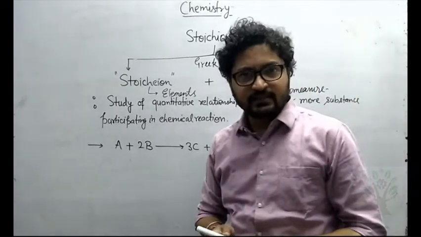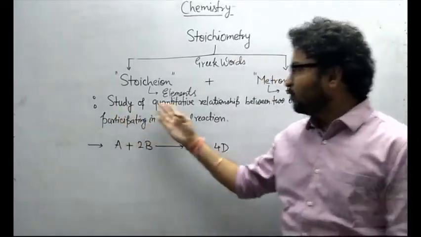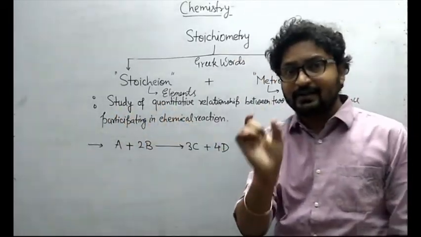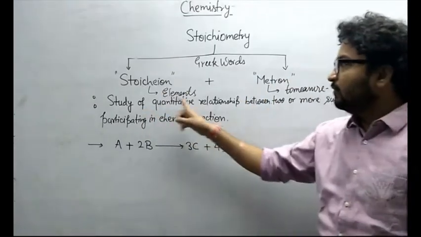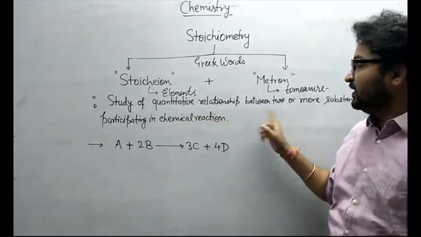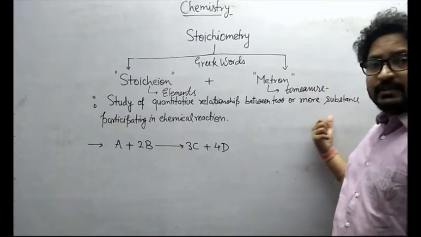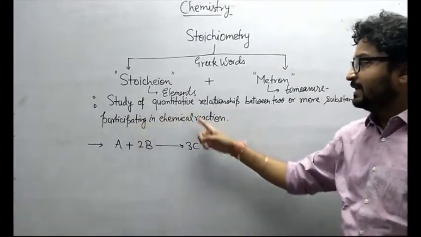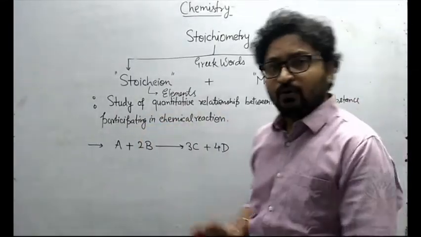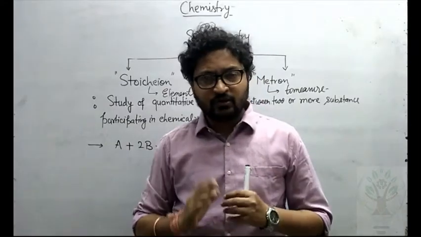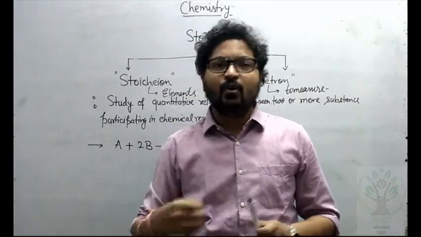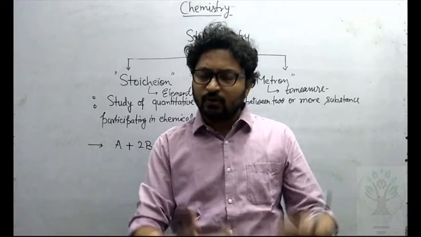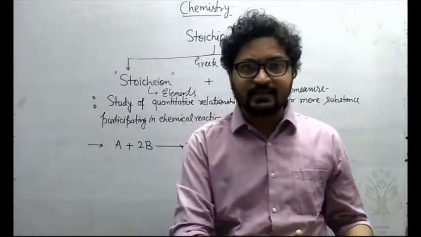And how do we define this? We define it as the study of quantitative, meaning related to quantity, relationship between two or more substances participating in a chemical reaction. Suppose a chemical reaction is going on and there are two or more substances.